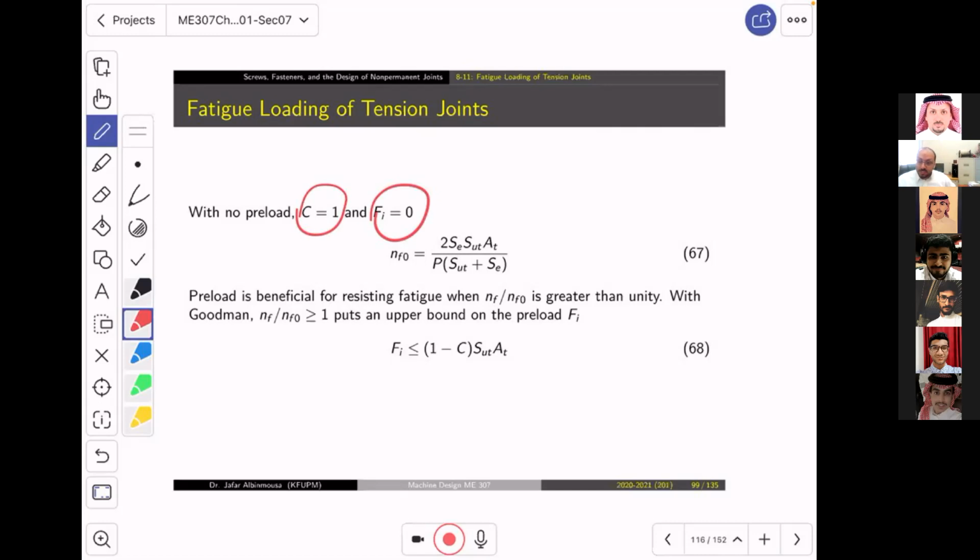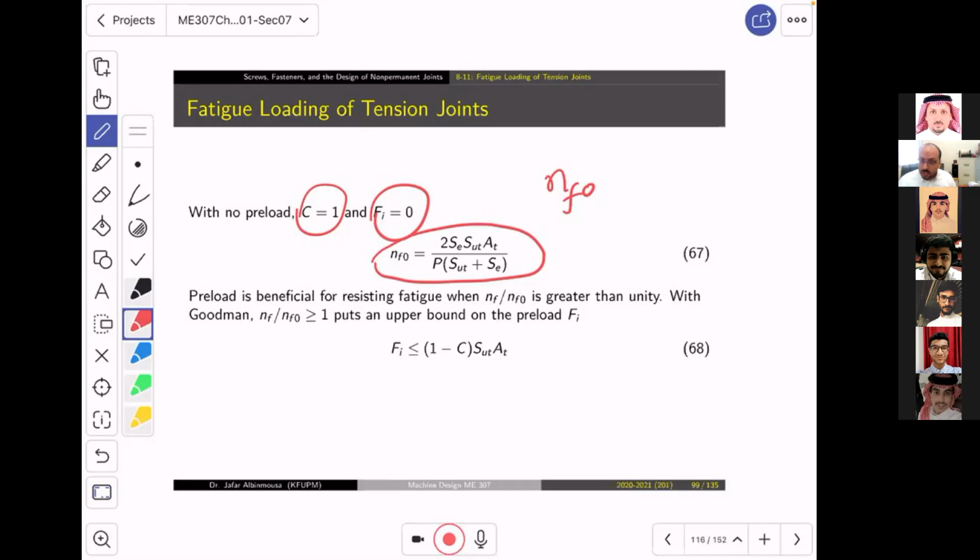So we substitute C equals 1 and Fi equals 0, and then we get this factor NF0. NF0 is an indicator for the case where you are going to have no preload.